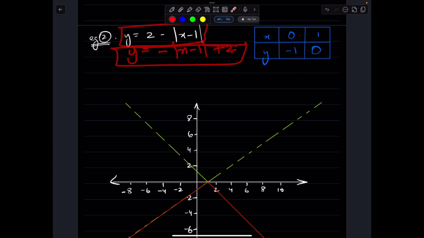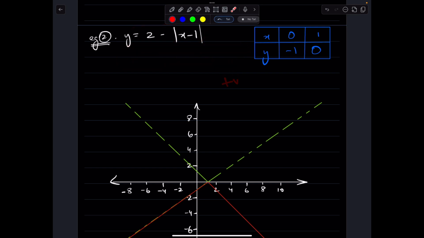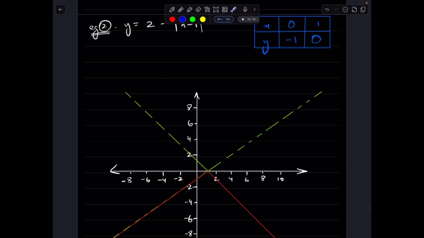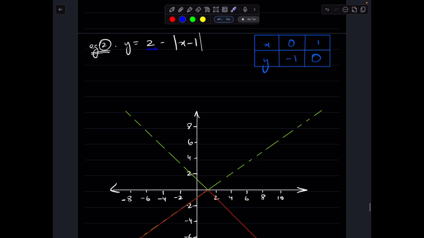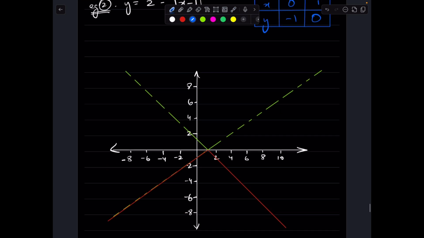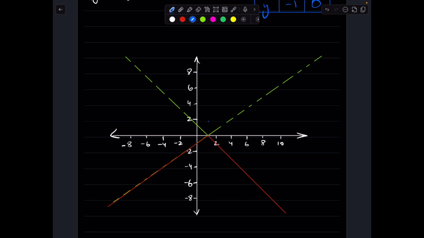So, since we have plus 2 outside, this means we have to shift it vertically upward. So, this means that every single point would go vertically upwards by 2. Let's make the final graph with blue. And this is what it looks like.